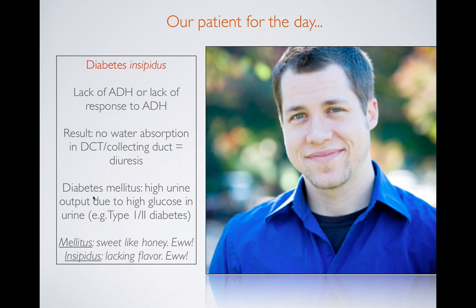So this is basically tons of flow that is super sweet. Diabetes insipidus, like Andy has, is tons of flow that has absolutely no flavor. So if you're ever curious, you can taste some pee and determine whether it's insipidus or mellitus, even if the volume of the urine is exactly the same.